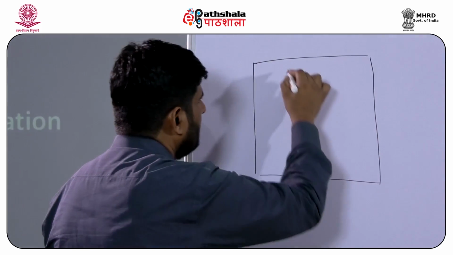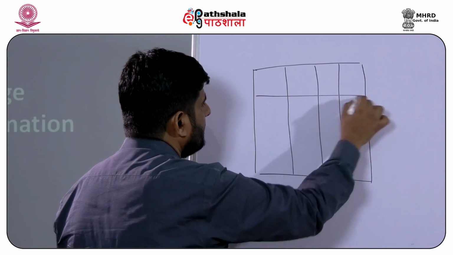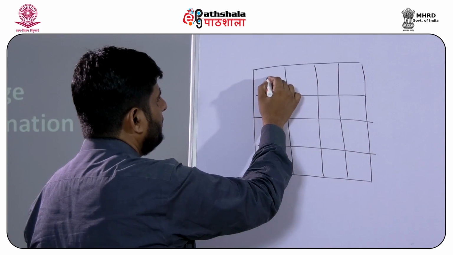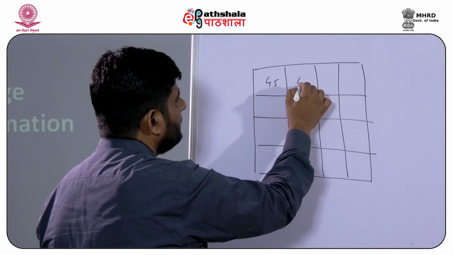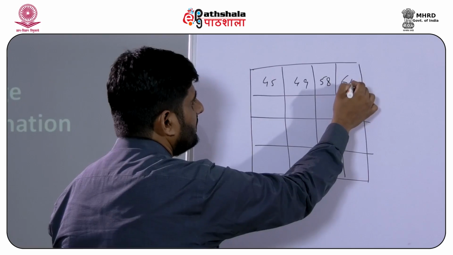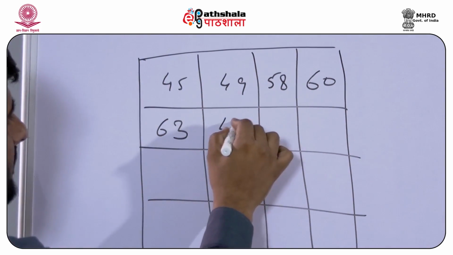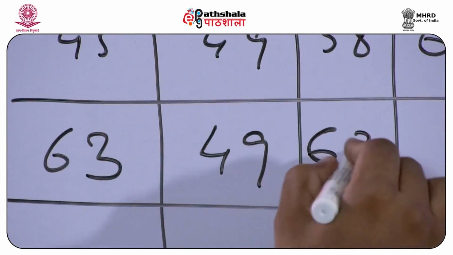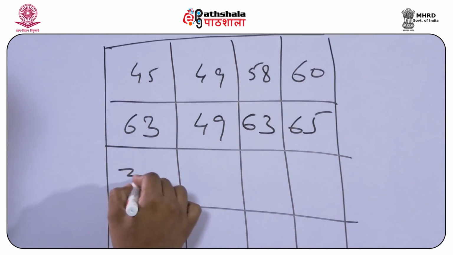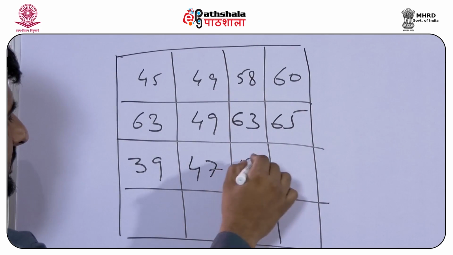If, for example, we have data available for two different images, here are some of the pixels taken from an image, and suppose these pixel values are 58, 60, 63, 50.